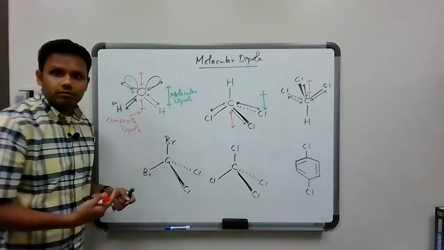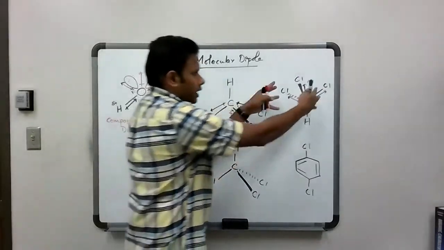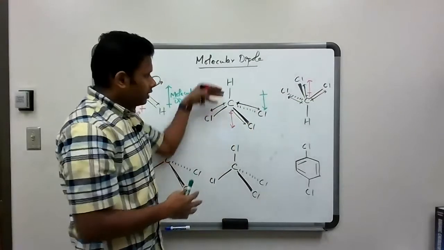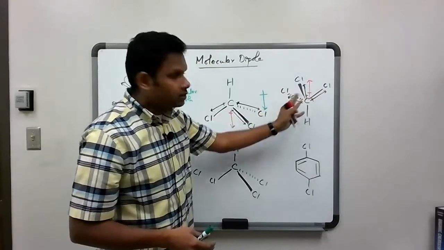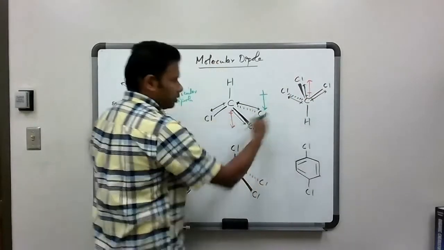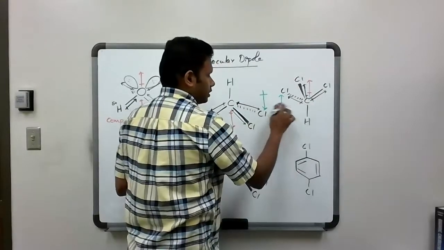The green is the molecular dipole. So this molecule and that molecule are the same, but they're drawn differently. In this particular case, the chlorines are pointing down. In that particular representation, chlorines are pointing up. And so in this particular case, although it's the same molecule, the dipole is going to point up.